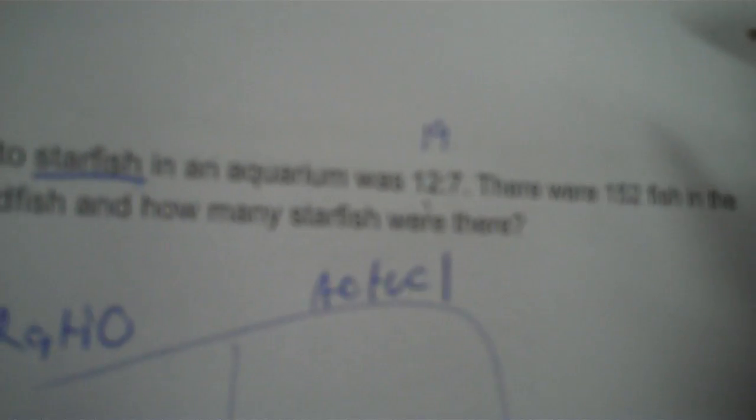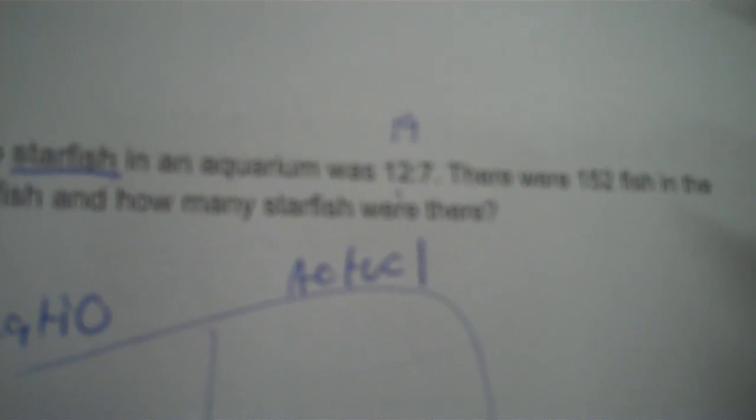Now this said goldfish to starfish, so the 12 is with your goldfish, the 7 is with your starfish, and then 19 is the total. Okay, the only actual amount I have is 152 fish in the aquarium, but it's not goldfish, starfish. It also doesn't say more, okay, thankfully. So 152, that's your total.